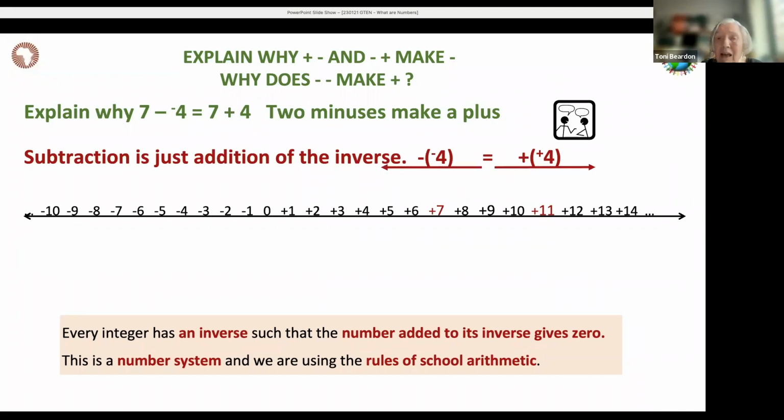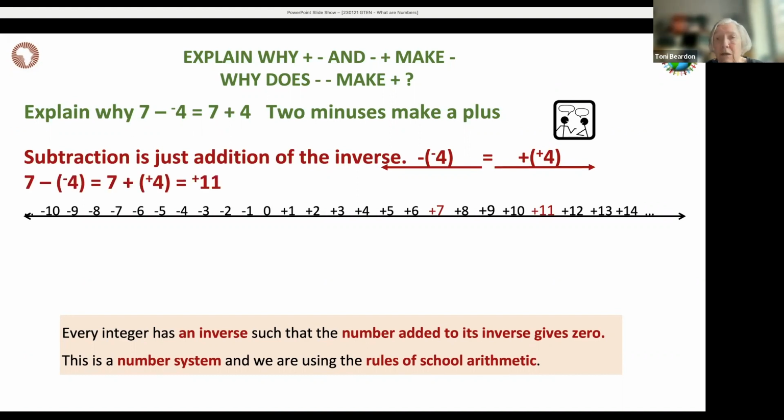And notice that the arrows that we've been putting here go in opposite directions. In fact, the right name for them is vectors or directed numbers. But it's not necessarily important, unless it is in your syllabus in your country. They don't need to know that term in South Africa, but it certainly would be needed in England.